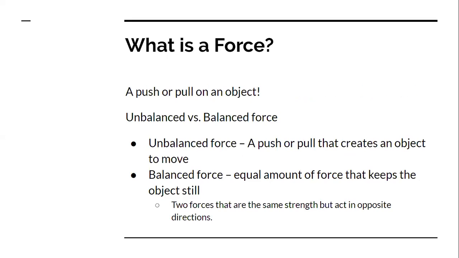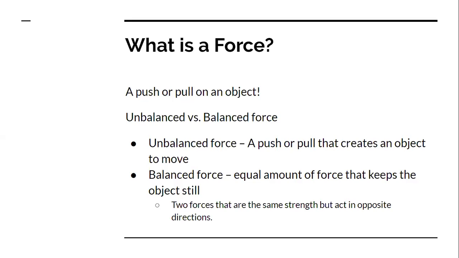So let's go over what a force is. A force is a push or a pull on an object. We then learned about unbalanced versus balanced forces. An unbalanced force is a push or a pull that causes an object to move.